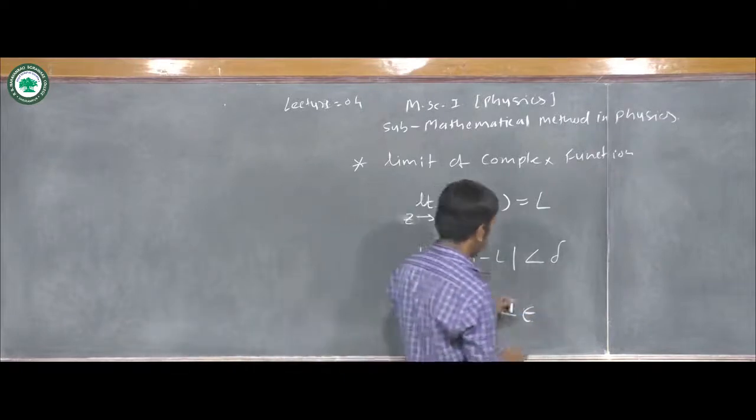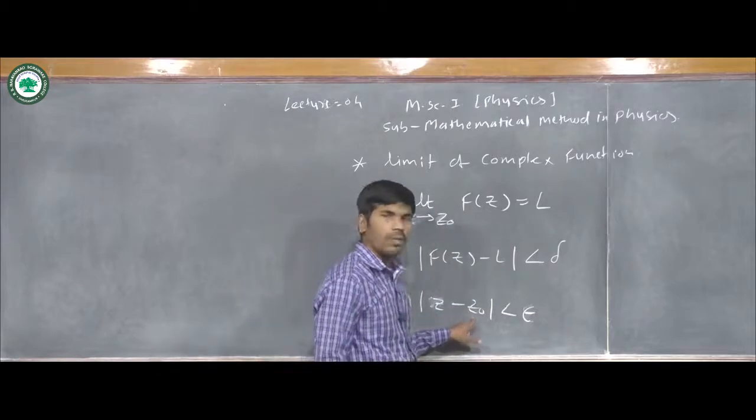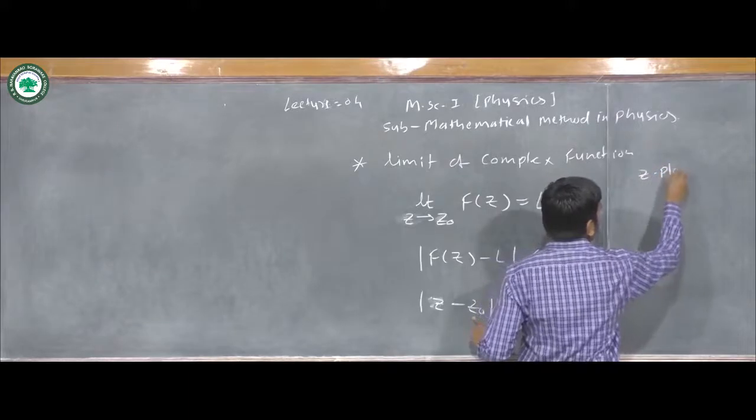Now if I draw this, z naught is one point, suppose in the z plane.